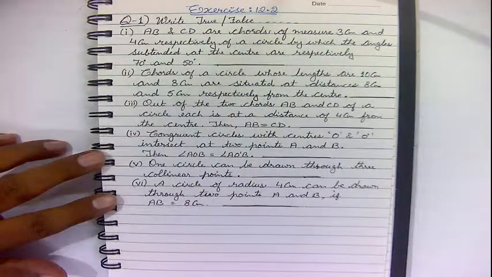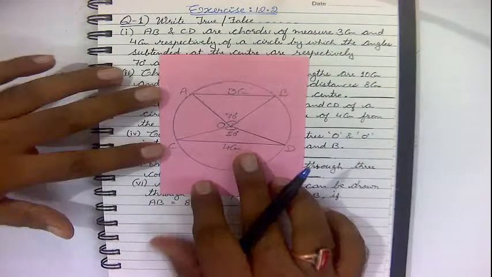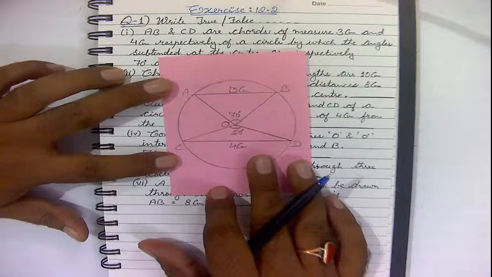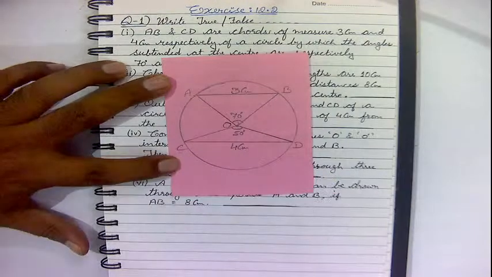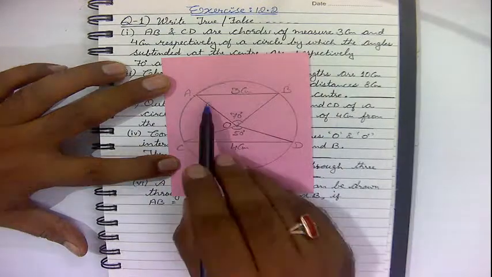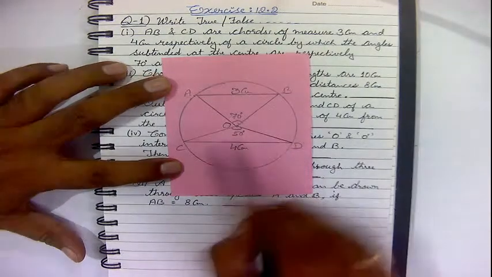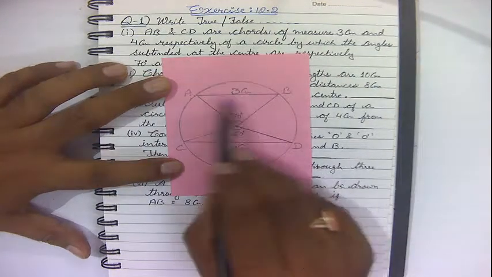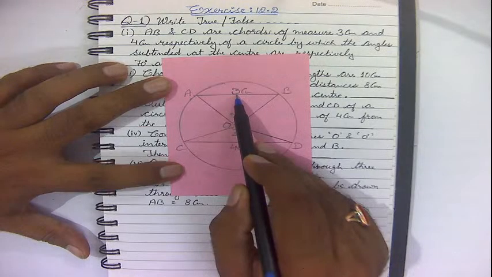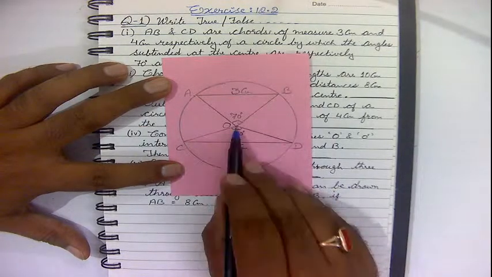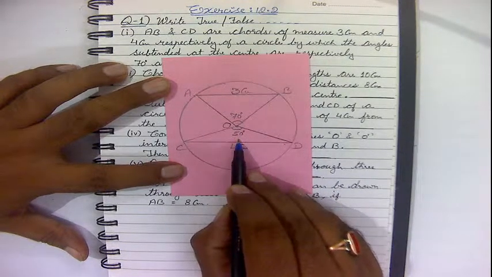Now if you form the figure, it comes in this way. This is the chord AB and this is chord CD. As you can see, I have drawn the 3 cm chord away from the center and the 4 cm chord closer to the center.